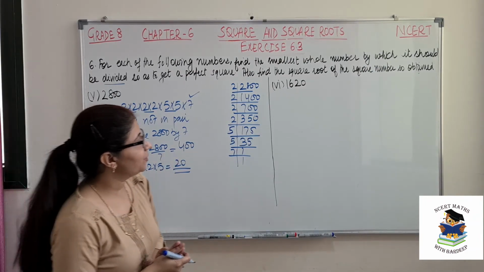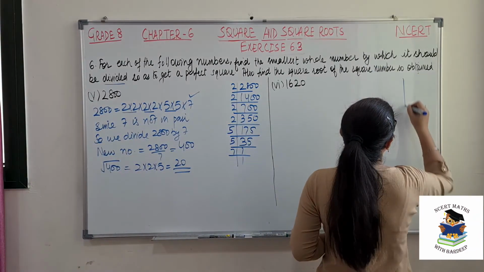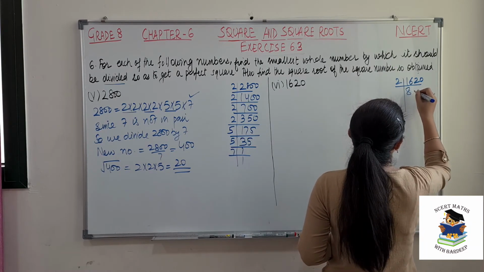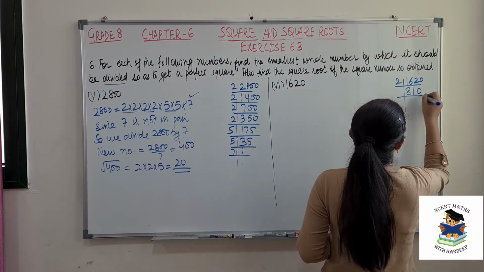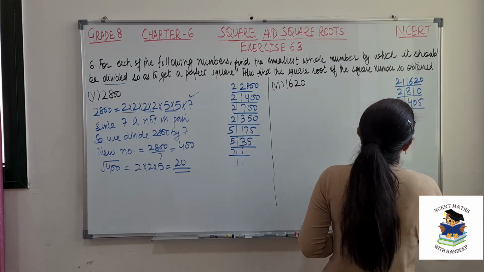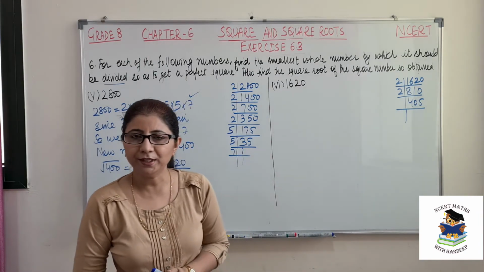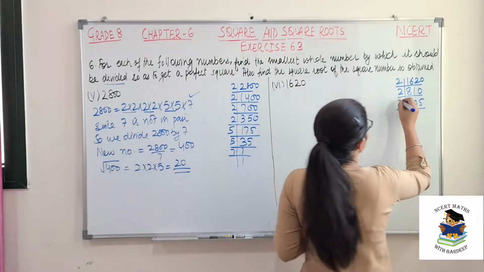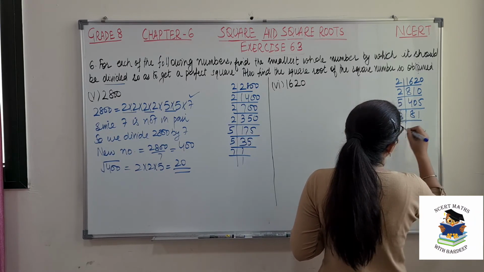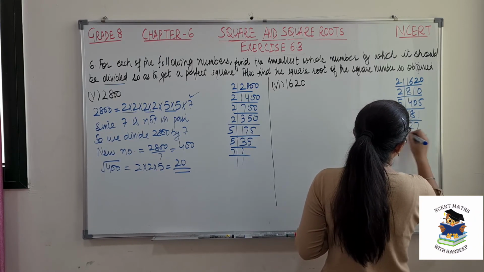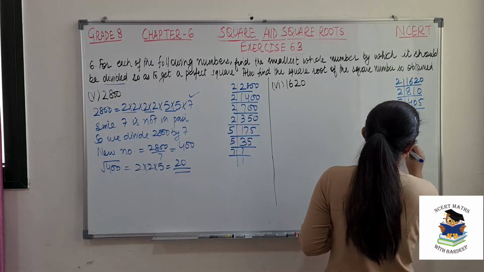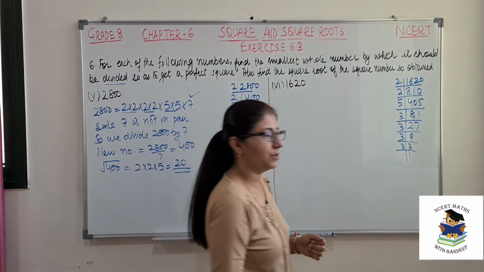Next is 1620. Again an even number, so we'll start with 2, 810, then 405. Now 405 will go in the table of 5, so this is 81. 81 we know will go in the table of 3 also. So 27. Then this is 9. And this is our answer.